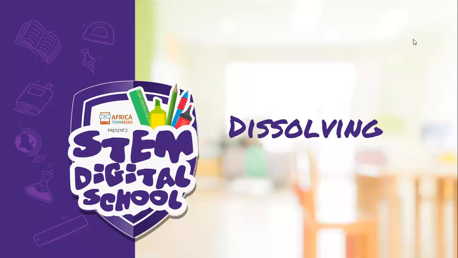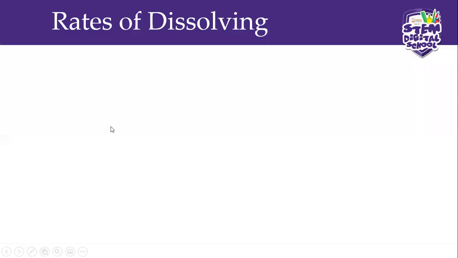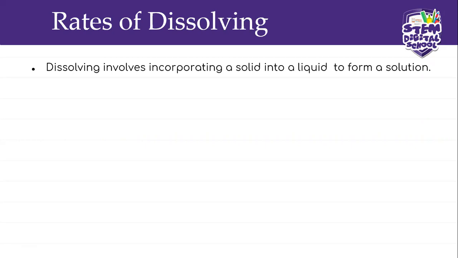Okay, so now that we have covered the previous chapter's work, let us look into dissolving. This is our topic for today. So what is dissolving? When you speak about dissolving, what do we actually entail? Firstly, dissolving involves incorporating a solid into a liquid to form a solution.